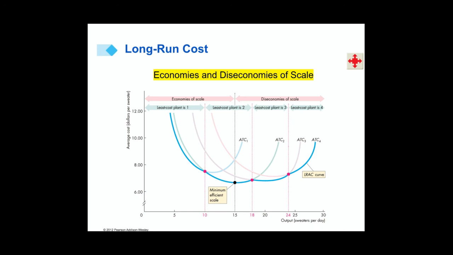So if they get orders at 15 units, that's the smallest order they're going to be able to get and produce an output for at the lowest cost. And when they're to the left of the minimally efficient scale, as they increase their output, they're experiencing economies of scale. And when they're to the right of the minimally efficient scale, as they increase output, they're experiencing diseconomies of scale.